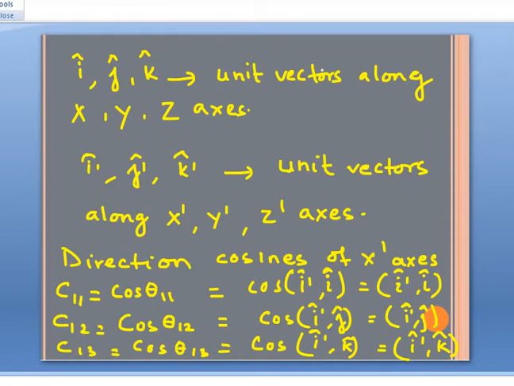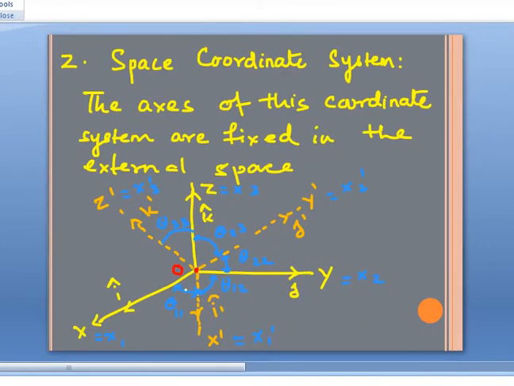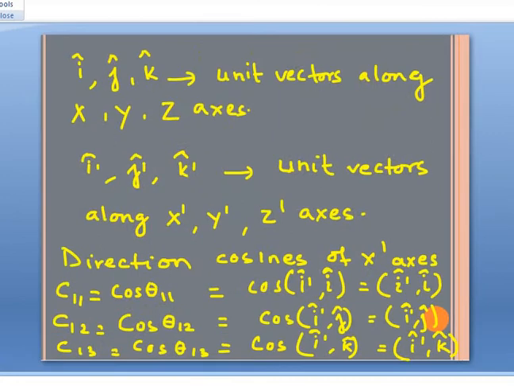This is the normal space for any reference. And this is i prime, j prime, k prime, the unit vectors along the x prime, y prime and z prime axes. So what will be the direction cosines of the x prime axis? The direction cosines will be the cosines of the angles between the primed and the unprimed coordinate systems.